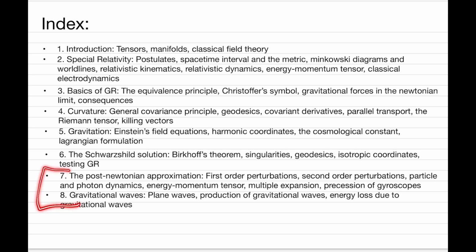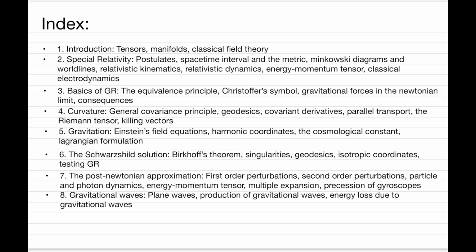And the two last units are going to be the post-Newtonian approximation. General relativity is a very complicated theory. It's not linear, so you have to make approximations. And of course, the first approximation of general relativity is Newtonian gravitational mechanics. That's why Newton's law of gravitation works, because it's the very first limit of GR.